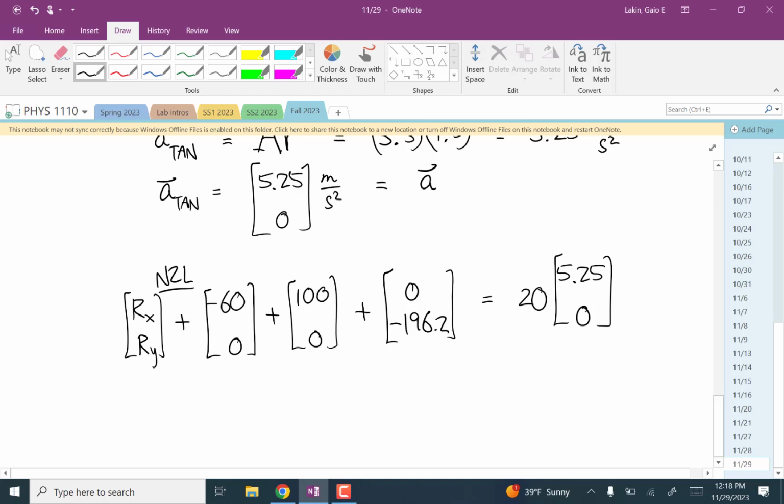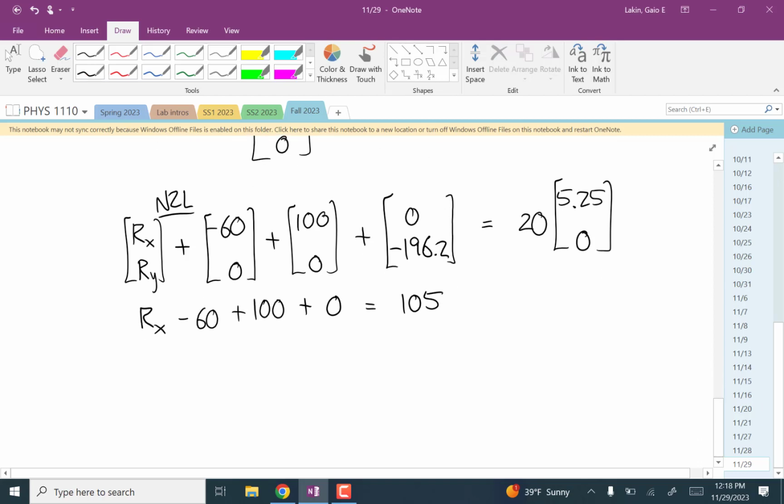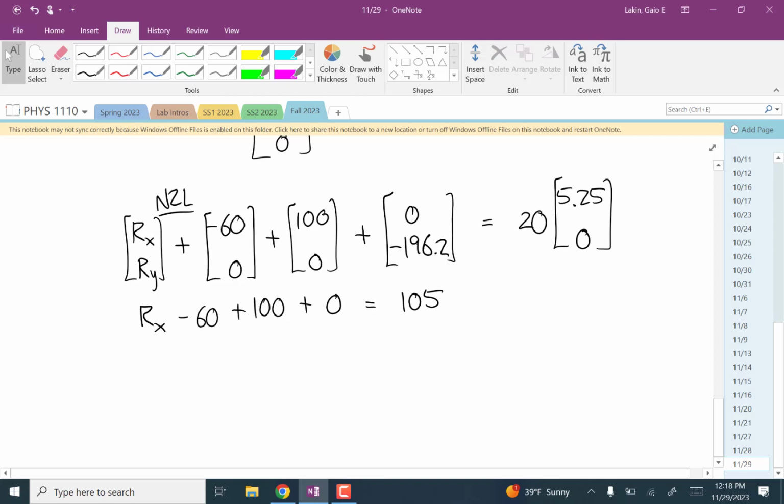And now we can just calculate this. So we got Rx minus 60 plus 100 plus 0 is equal to 105. And so Rx is equal to 65.